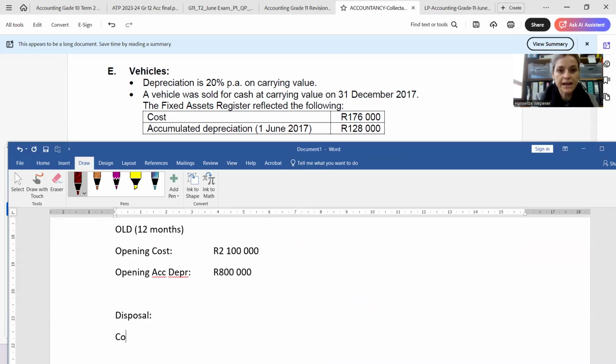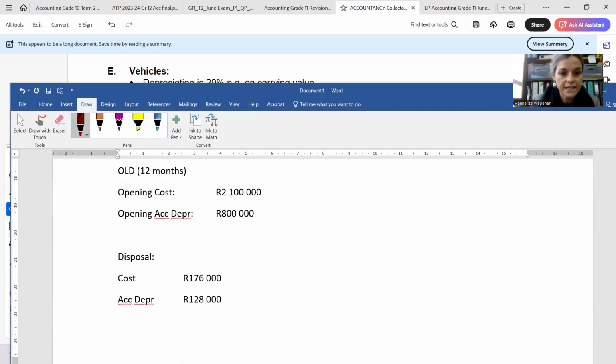My disposal had a cost of 176. And it had accumulated depreciation on the 1st of June, so the first day of the current financial year, of 128. So that means that I cannot have the 176 included in my depreciation calculation for the old ones.